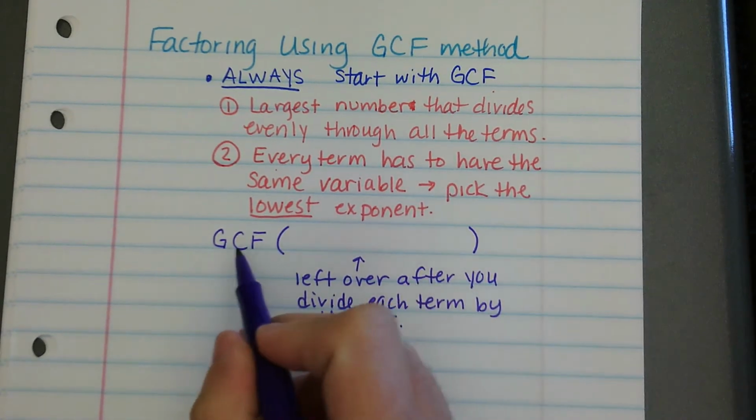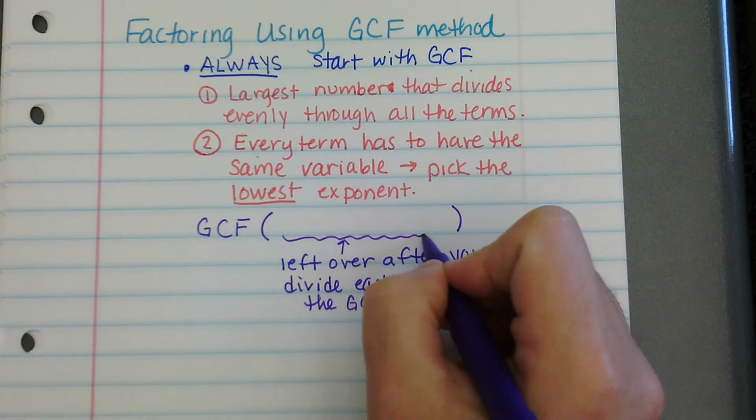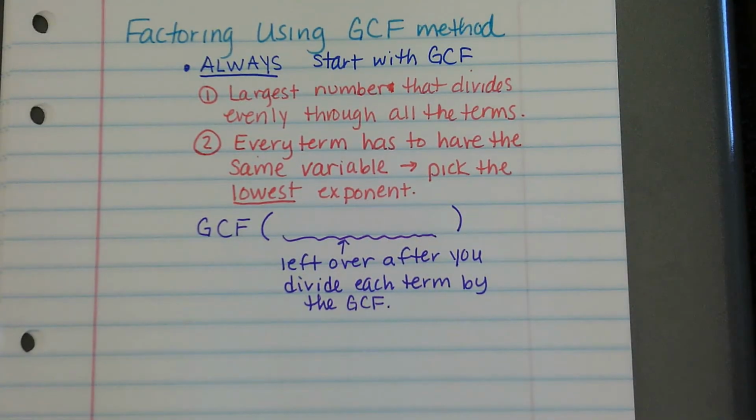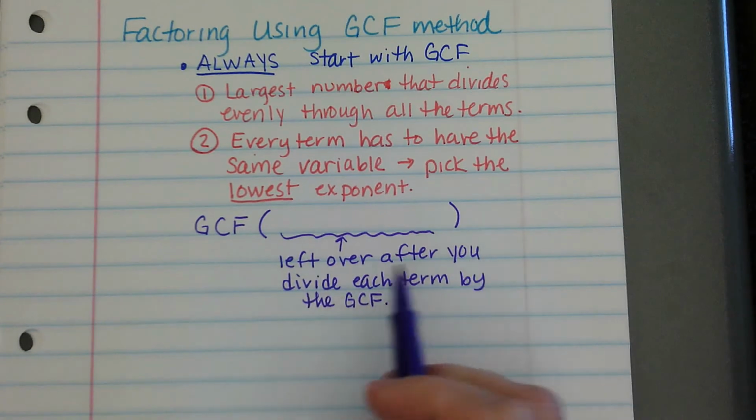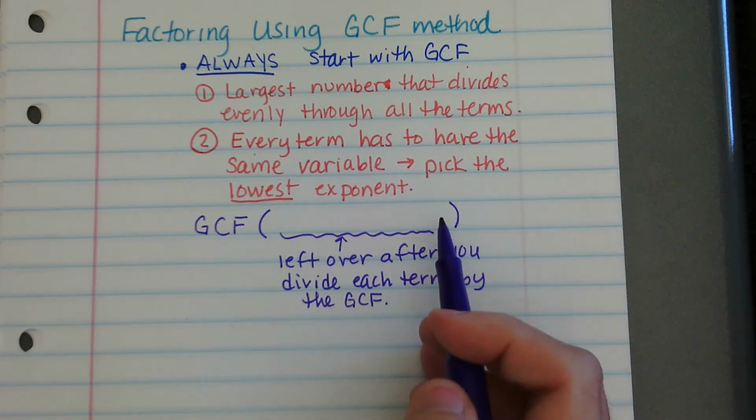So the GCF is going to be a part of it, but all the stuff that's left on the inside of this one set of parentheses is what you get after you divide each term by the GCF. That's what goes in here.